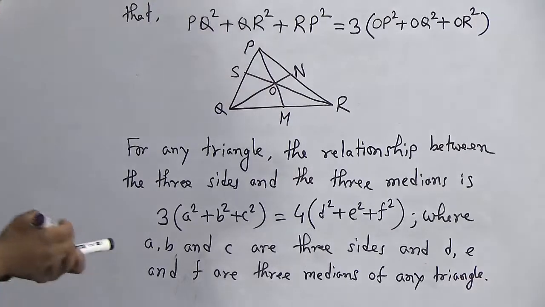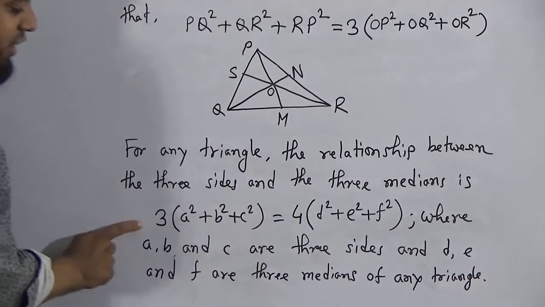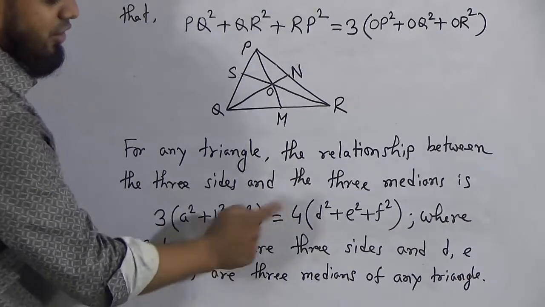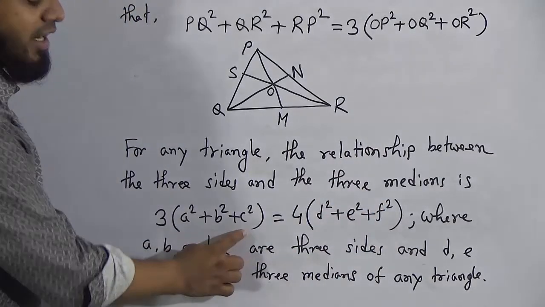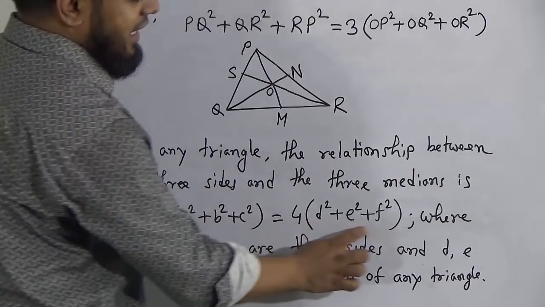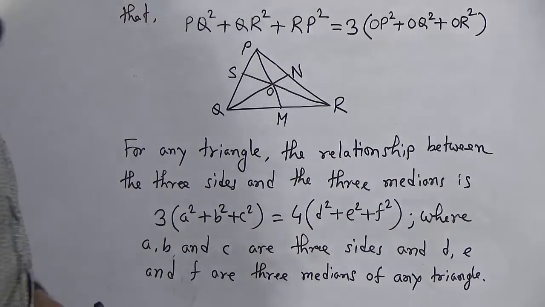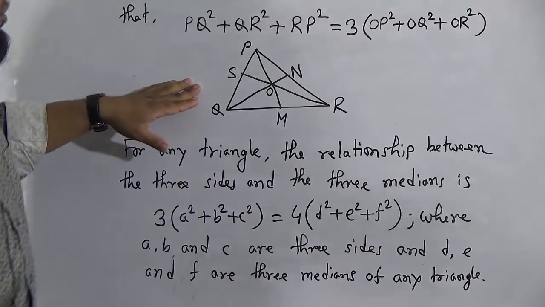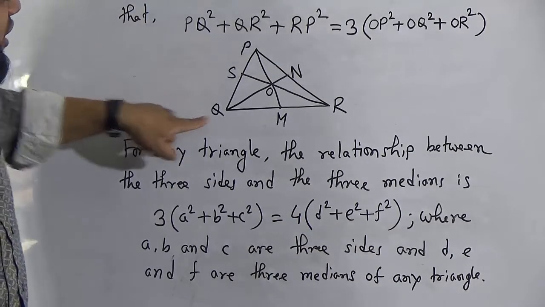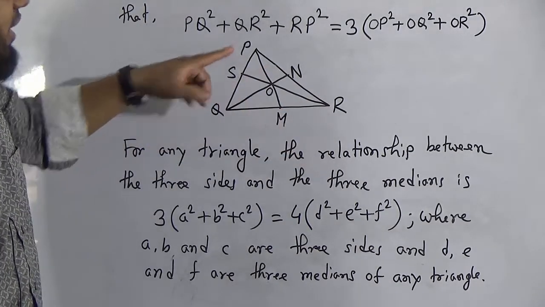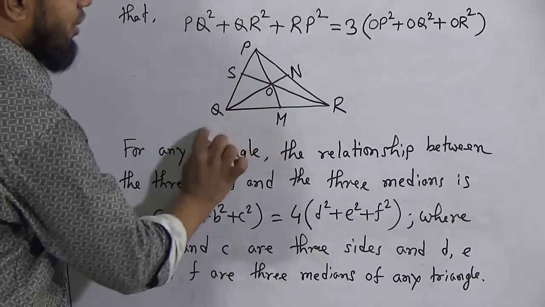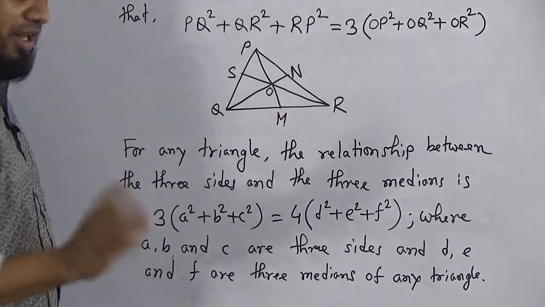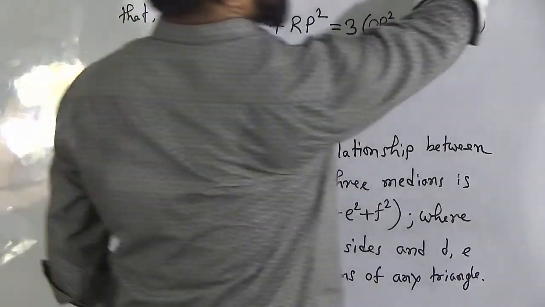For any triangle, we can write this: 3 into a square plus b square plus c square is equal to 4 into d square plus e square plus f square, where a, b and c are the three sides and d, e and f are the three medians. And my dear students, this figure and the information says that PQ, QR and RP are the three sides and the medians PM, QN and RS are the three medians. So we can write down.